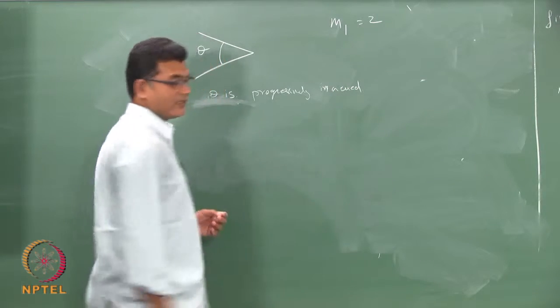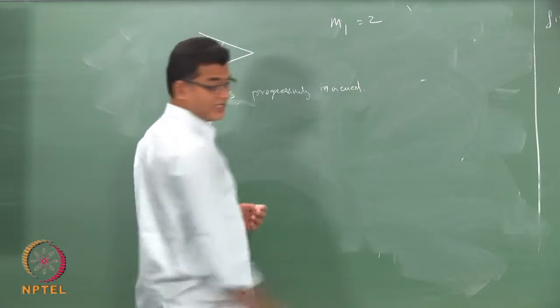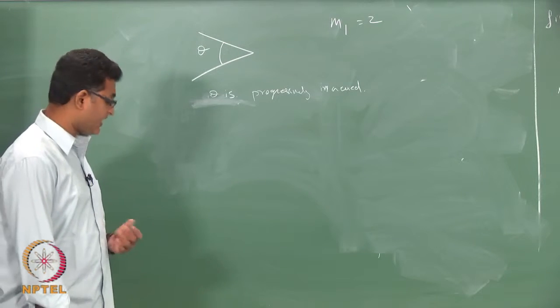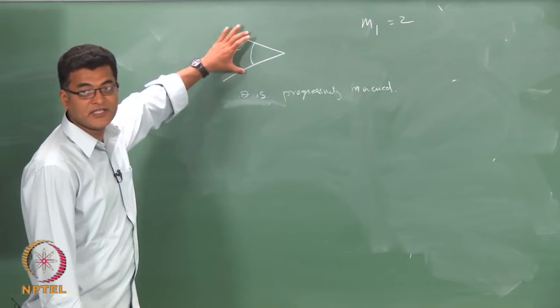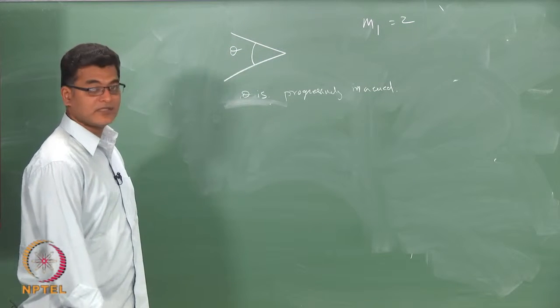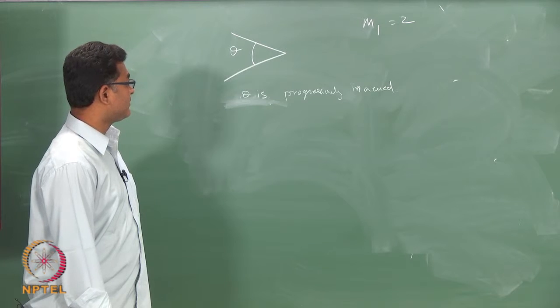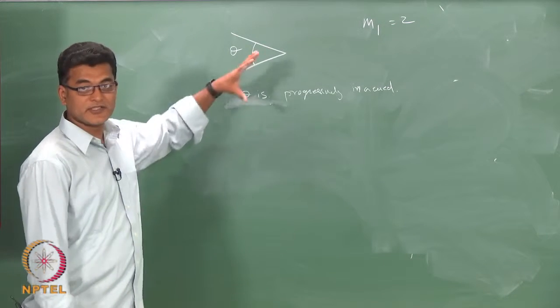Again this is a steady case, we are not doing this increasing in time, but we are having a different wedge and appropriately finding the solution. Okay. So, it is a steady solution that we are looking at.